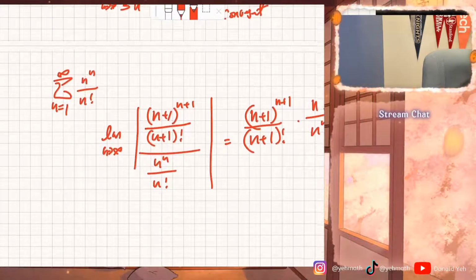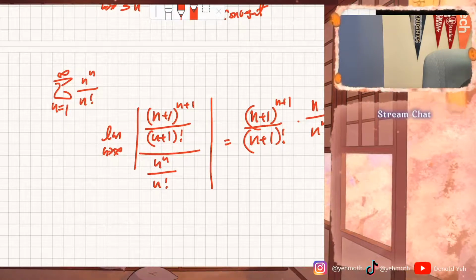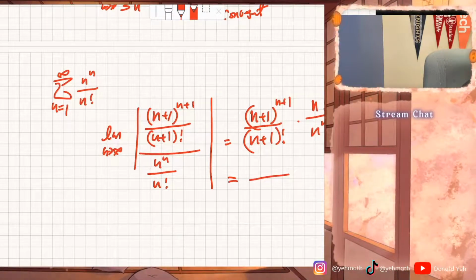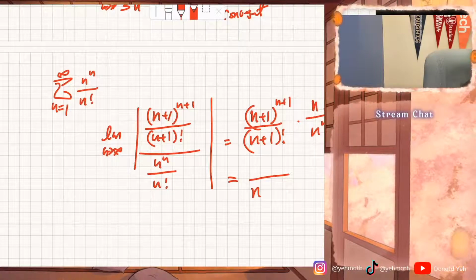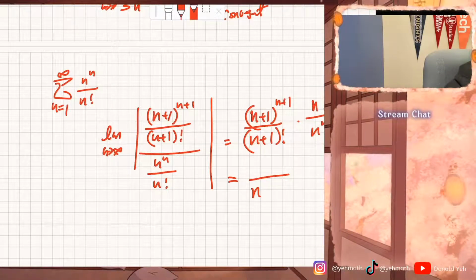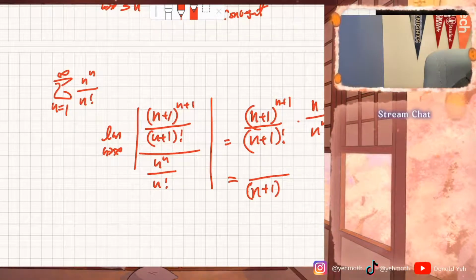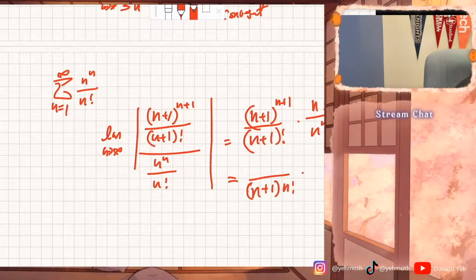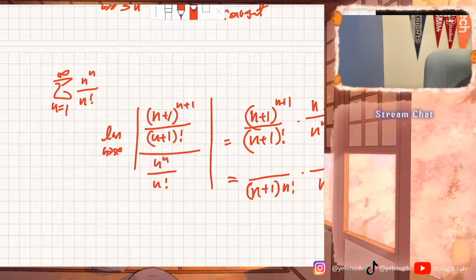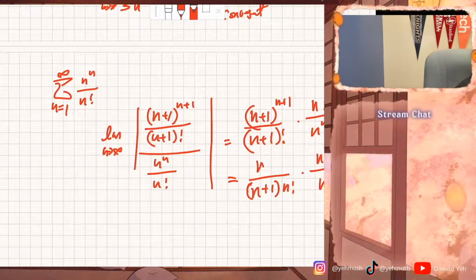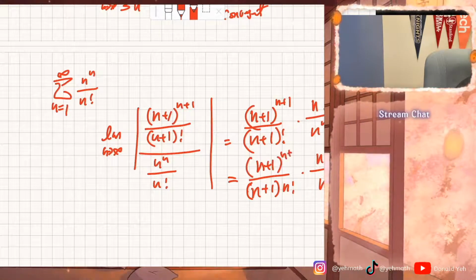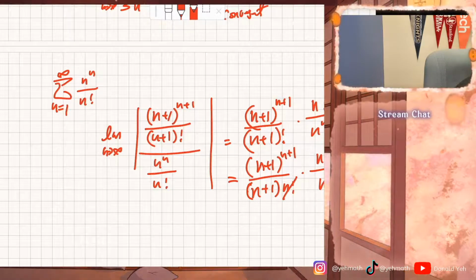Let me focus on the n factorial part. How do I change n plus 1 factorial to n factorial? n plus 1 times n factorial, times n to the n over n factorial over (n plus 1) to the n plus 1. So this one's going to cancel out.